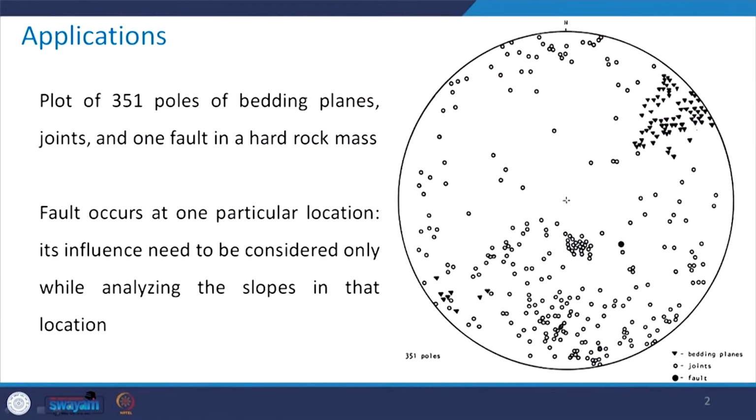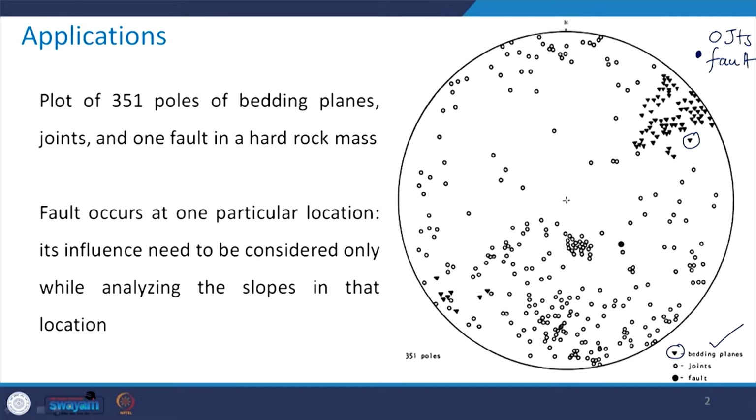You can see that three types of legends are there in this figure. One is this solid triangle, which represents the bedding plane. Then the circular one, which is for the joints, and the solid circle, which is for the fault. Have a close look at this figure.